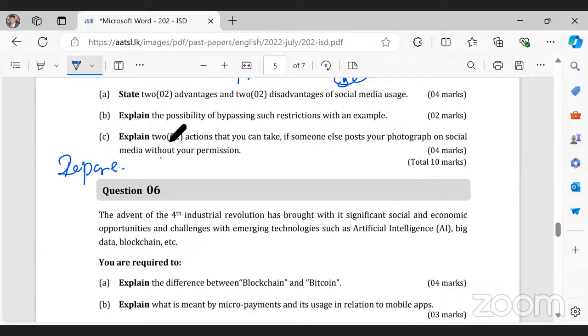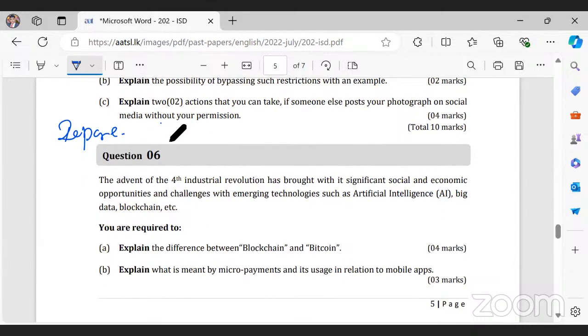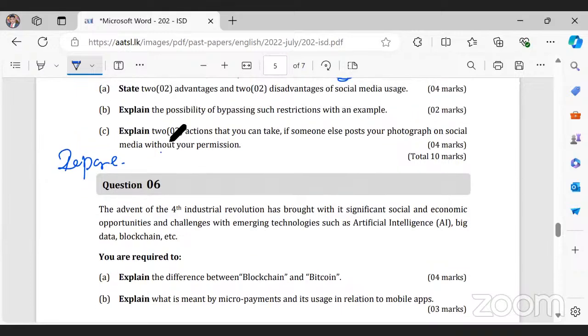If I am going to transfer money to anyone of you, then that is not a peer-to-peer connection. Okay, that is the difference between Bitcoin and blockchain, right?